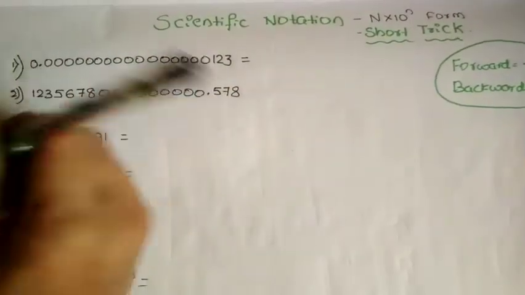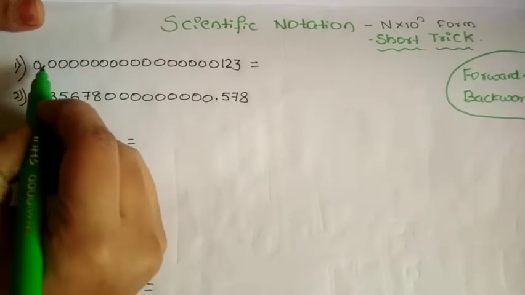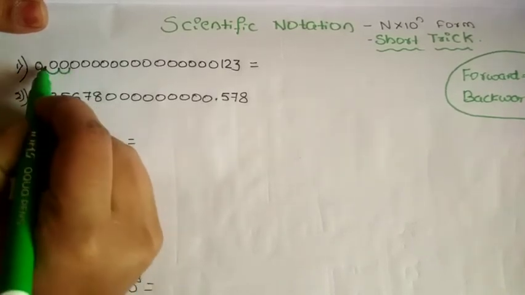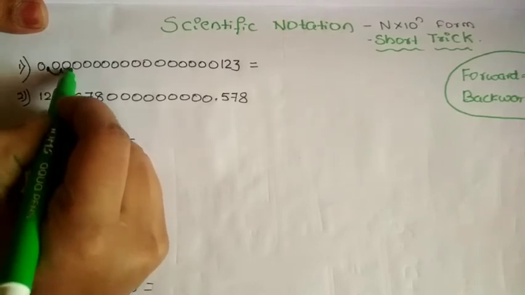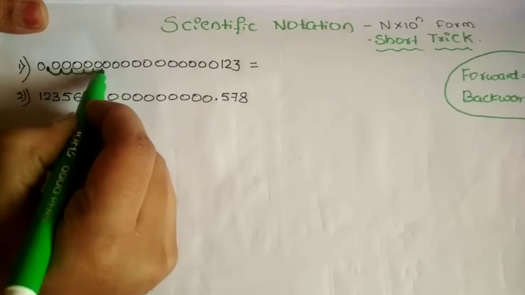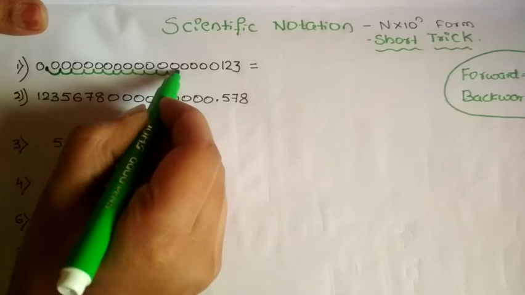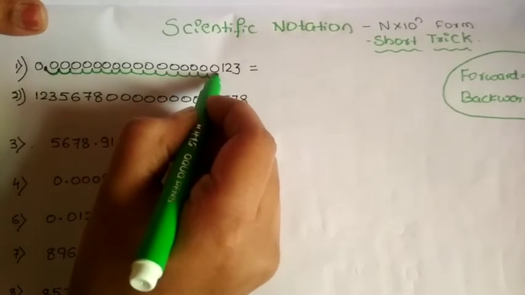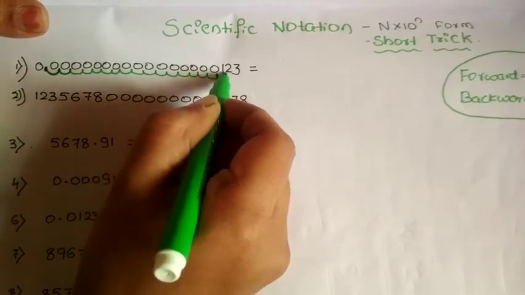I'm going to show you clearly. I'm taking this decimal point and shifting it: 1, 2, 3, 4, 5, 6, 7, 8, 9, 10, 11, 12, 13, 14, 15, 16. You can stop at 16, or let us go with 17.